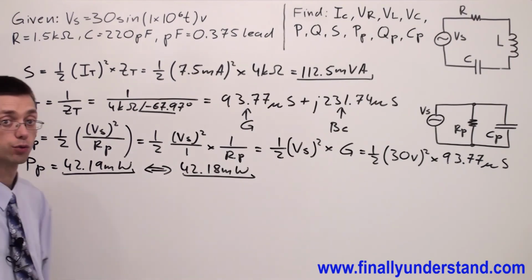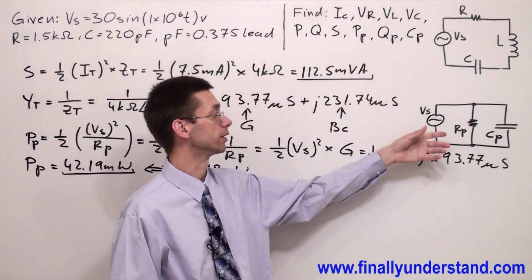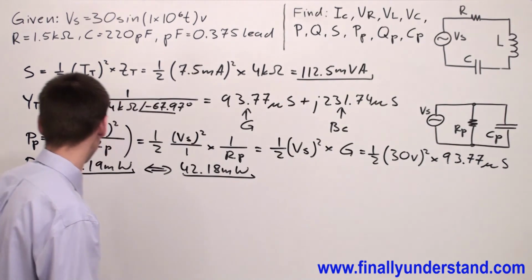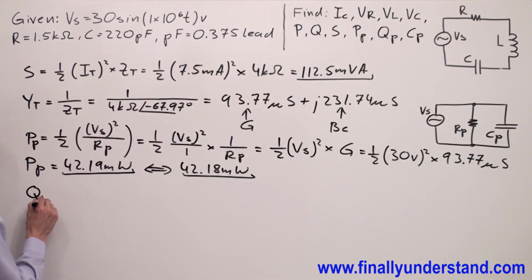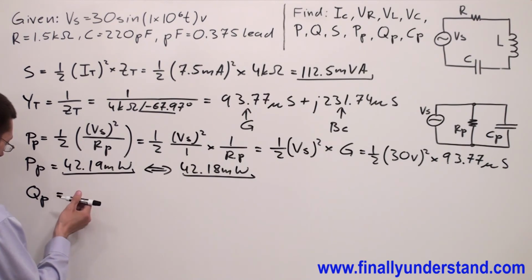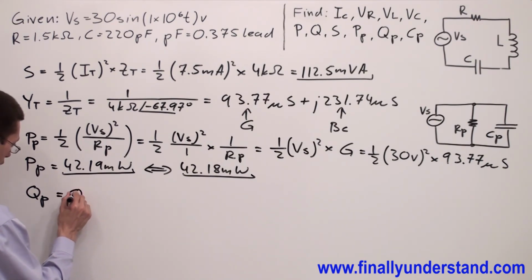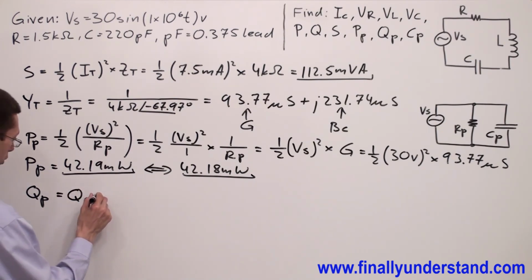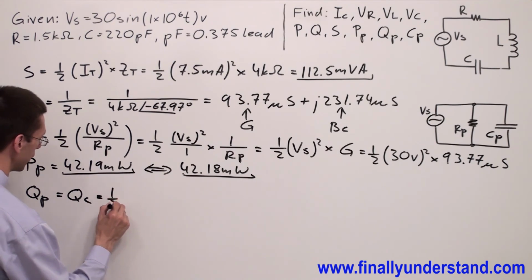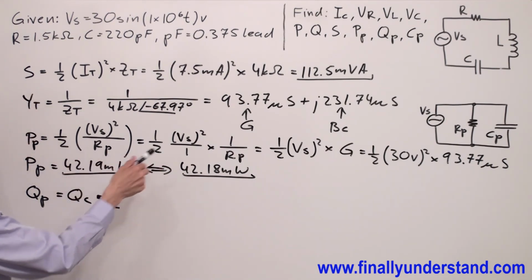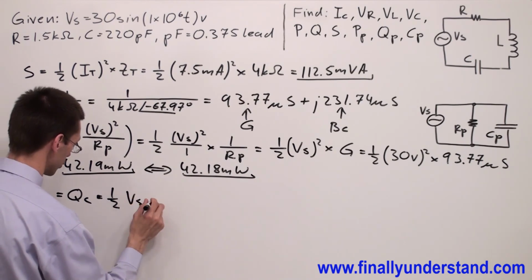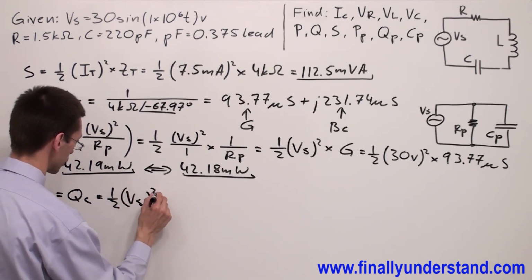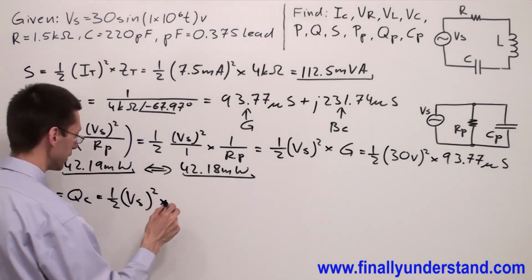Now the problem is asking us to find the reactive power in the parallel equivalent circuit. So I'm going to write QP is equal, meaning the reactive power in the parallel circuit. This can also be called QC, because this is the reactive power at the capacitor, is equal to 1/2, and I'm going to use exactly the same format which I used over here, voltage source squared times, in this case, BC.